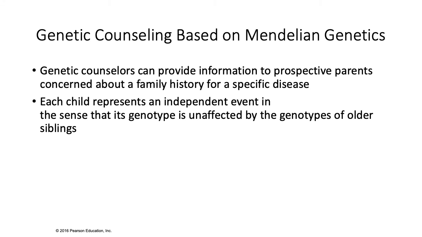There are also reproductive technologies available now that may allow you to select which sperm or which egg you use for artificial insemination based on whether or not the sperm or the egg contains the detrimental allele of the disease causing gene. Genetic counseling in general seems to be a growing field, so if any of you are interested in it, it's well paying and it might be a good way to go.